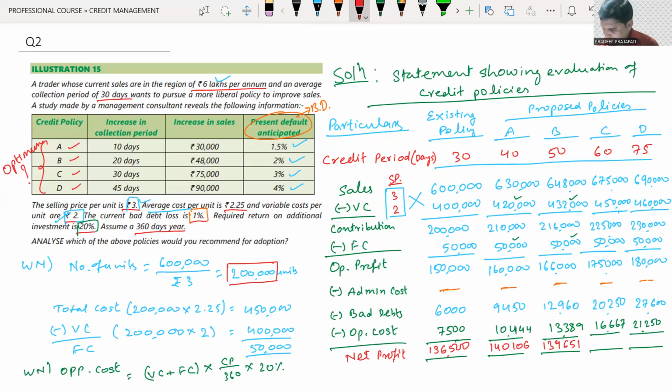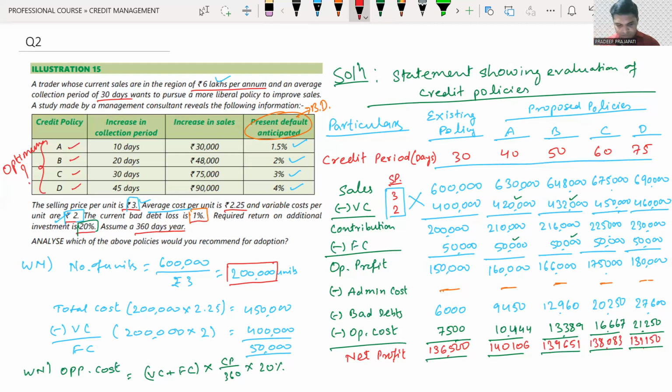It comes to 138,083. Last one, 180 minus 27,600 minus 21,250 equals 131,150.